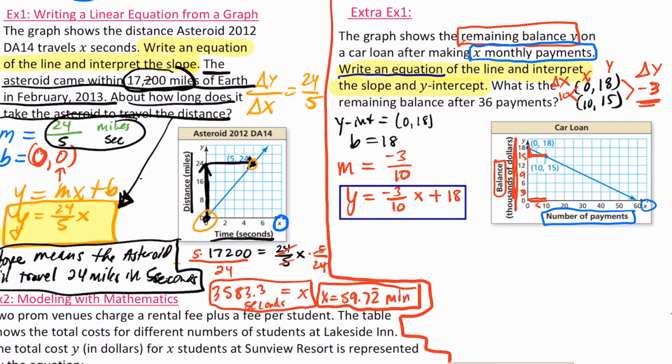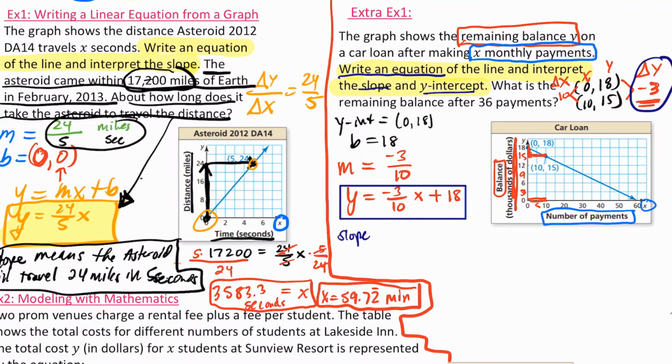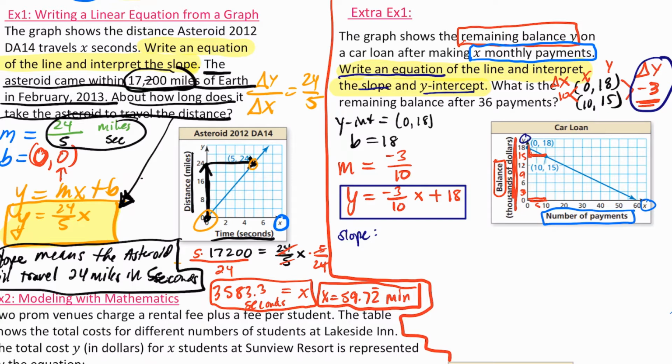Now we need to interpret the slope and the y-intercept. So the slope represents the change in y, which is negative 3. So negative 3 on the y means that your car loan balance goes down.